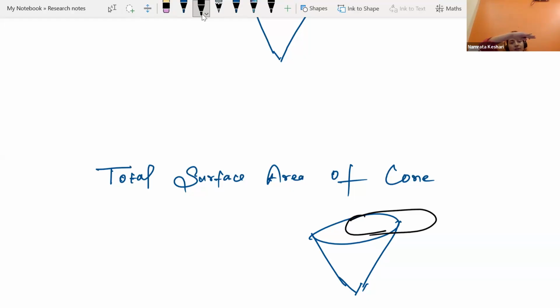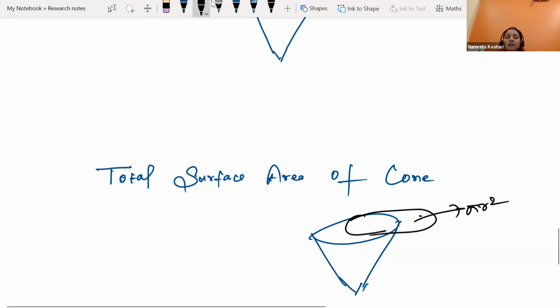If I slide it, a plate we can add over here. So while discussing total surface area, just like the cylinder, we will be talking about this area also, that is pi r square. But the question is, what will be the lateral surface area, or this curved surface area?